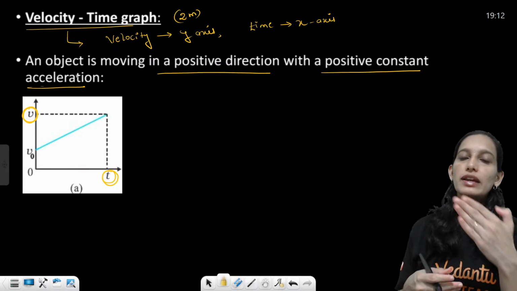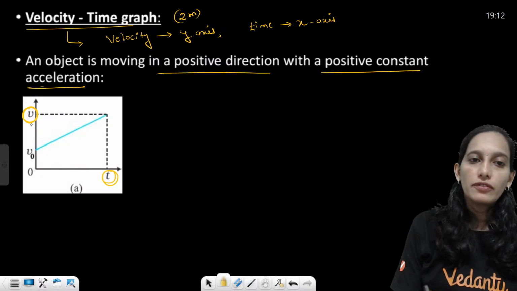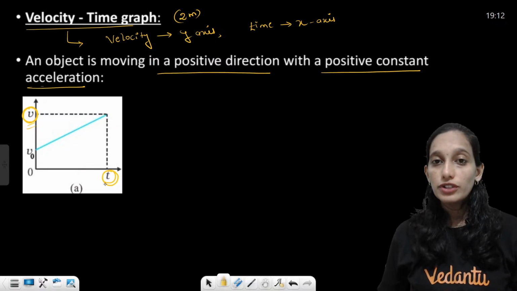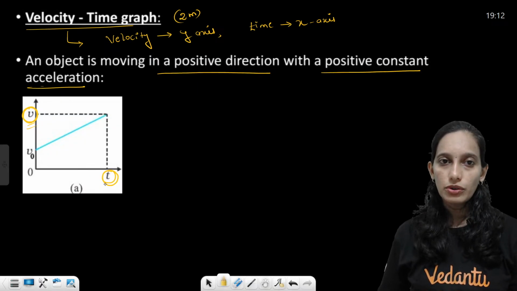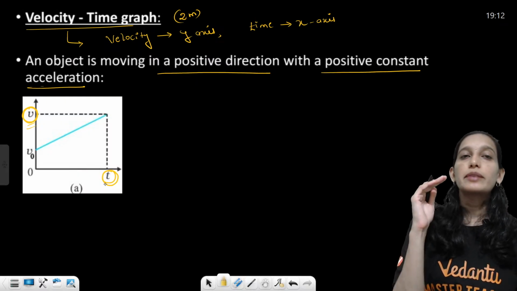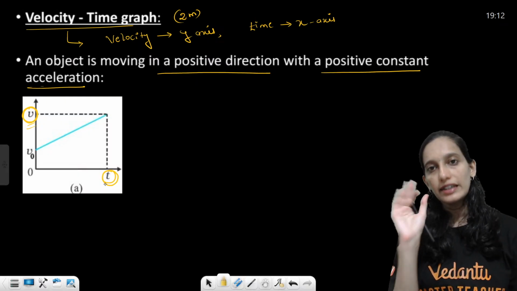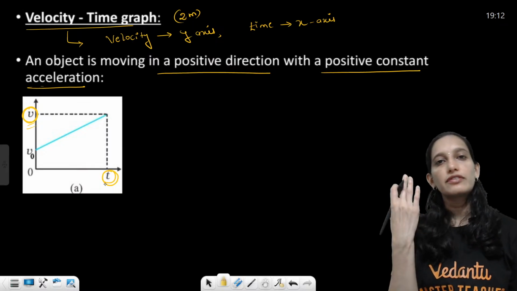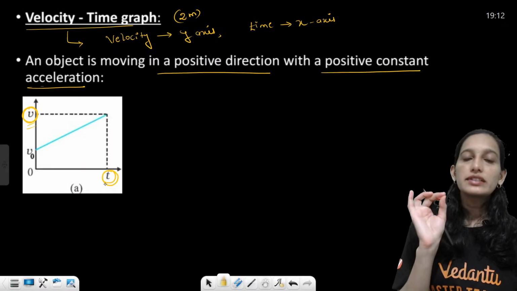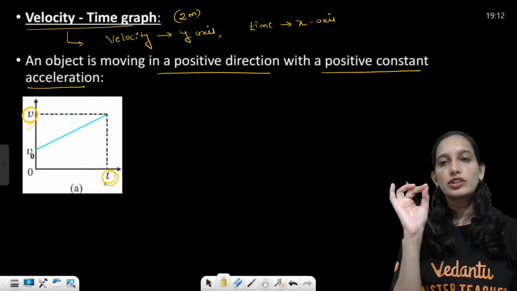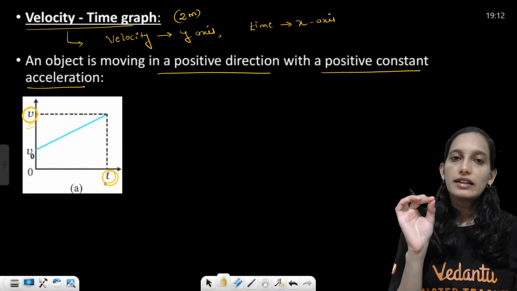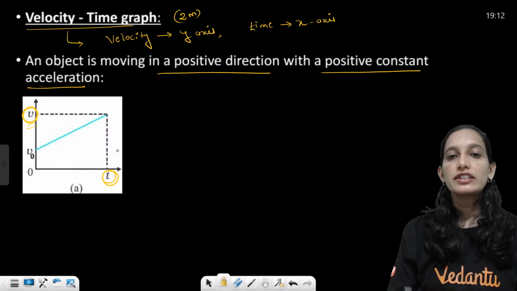For uniformly accelerated motion, the velocity time graph is linear, a straight line. For non-uniform acceleration it need not be a straight line; the VT graph can be of any shape. But in this chapter we are studying uniformly accelerated motion. So in that case we will have a straight line.